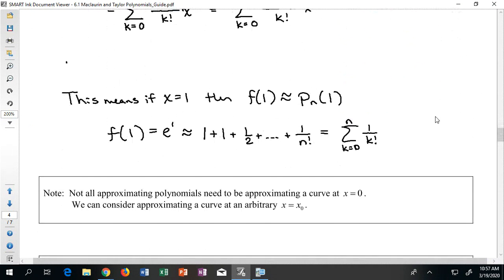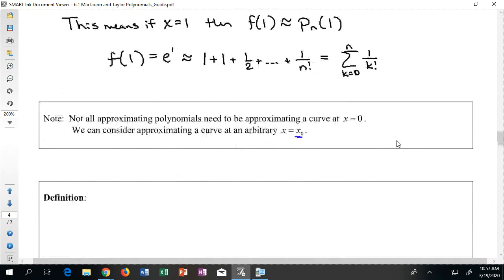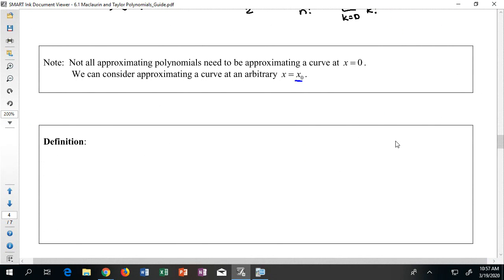It could exist anywhere. So we'll consider approximating a curve at an arbitrary value of x that we will call x0. When we do this, we're going to arrive at a new definition that accounts for the fact that we're going to shift where our starting point might be located. Here's what we have.